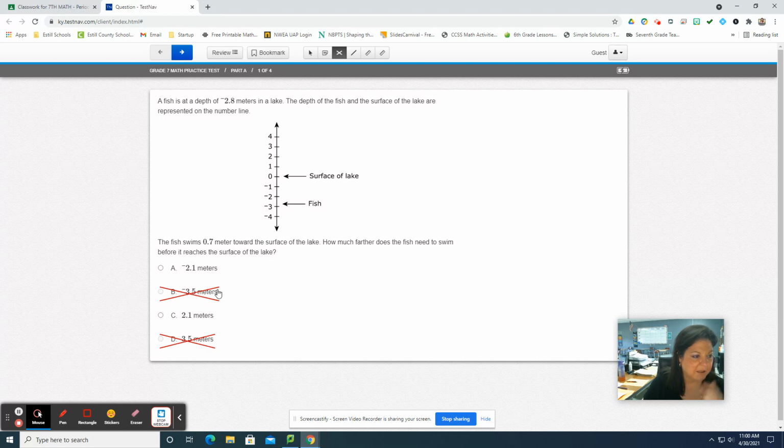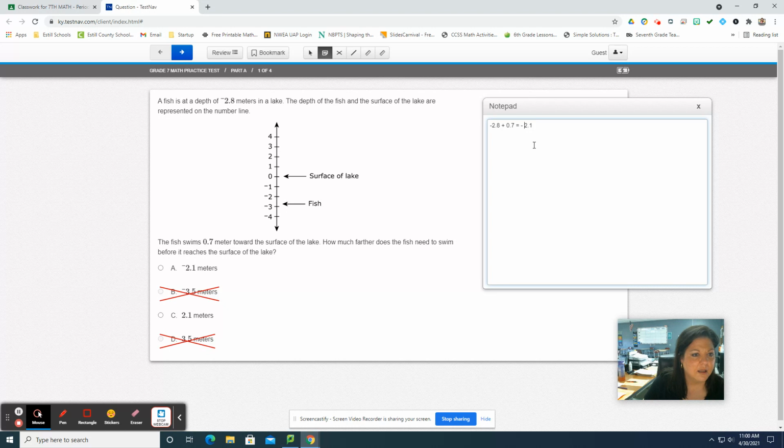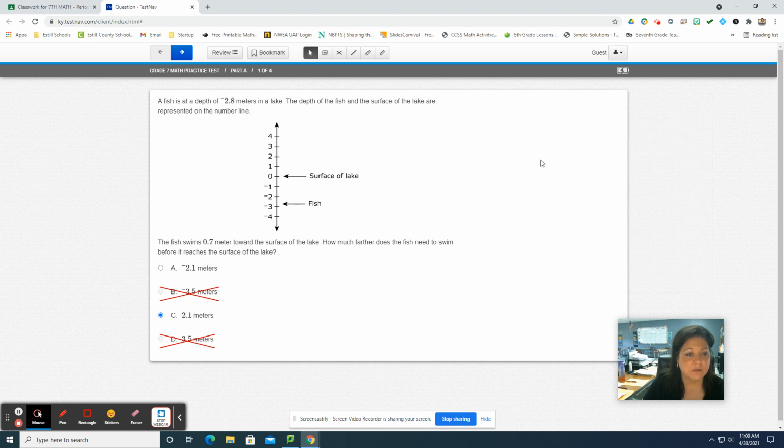I know it's going to be either -2.1 or +2.1. And if it has to swim towards the surface, that means it's got to swim in a positive direction. So it looks like my answer would be C, that it needs to swim 2.1 meters up. Okay. So even though the fish is at -2.1, it has 2.1 meters to swim to get to the surface of the lake.